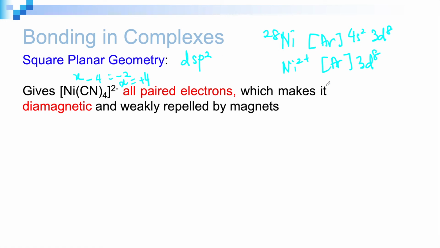So let's say you draw the 8 electrons here. It will become 4. Okay, here it will become like this, in order to become diamagnetic.